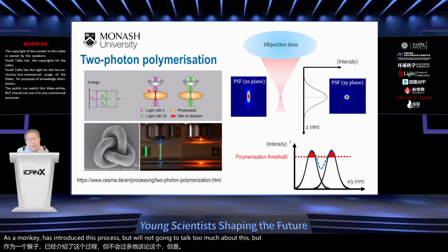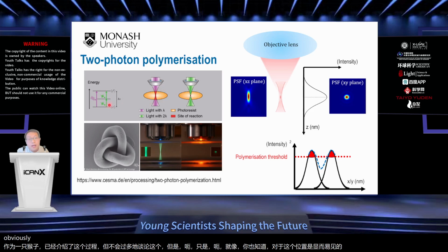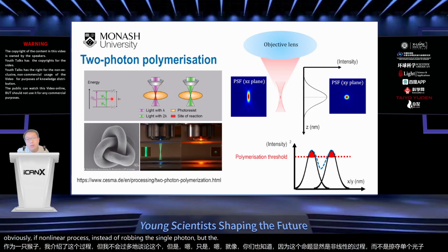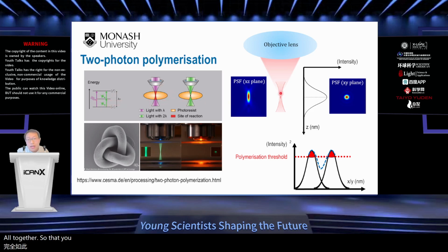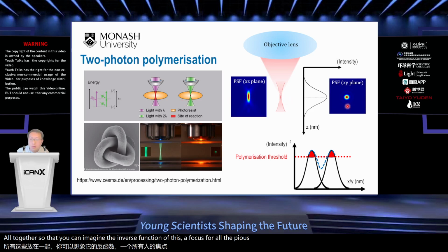Just know that two-photon polymerization is a nonlinear process. Instead of absorbing a single photon, it simultaneously absorbs two photons together, so the point spread function of this focal spot can be smaller due to this second-order nonlinear effect.